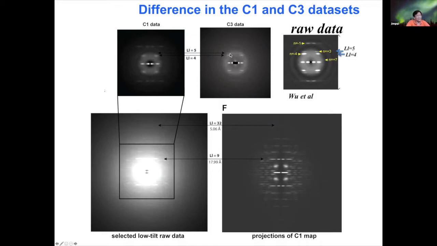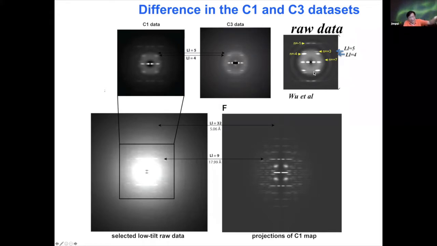You can see the significant feature in terms of helical packing is the relative strength of layer line 5 and layer line 4. In the C1, as you can see, layer line 5 is almost invisible, but layer line 4 is clearly visible. In the C3 symmetry, you can see both layer line 5 and layer line 4 are clearly visible.